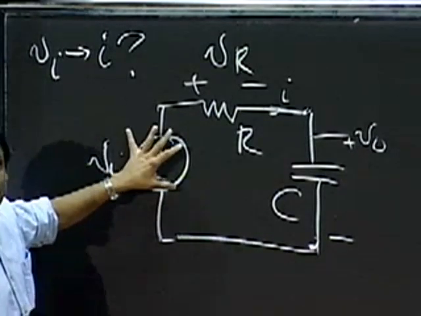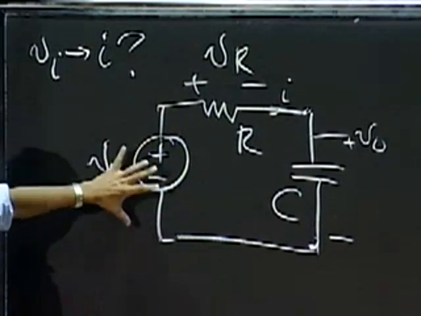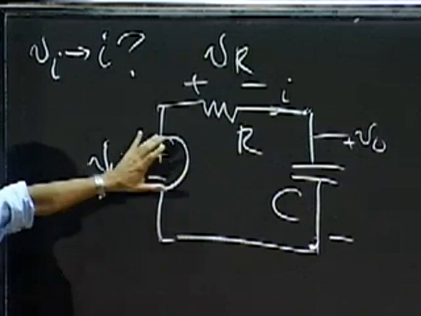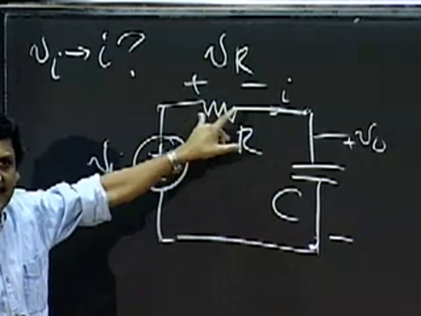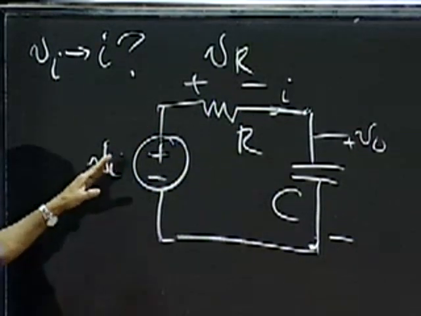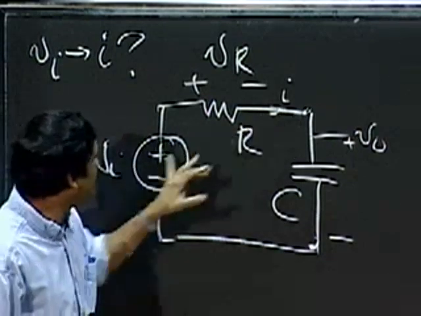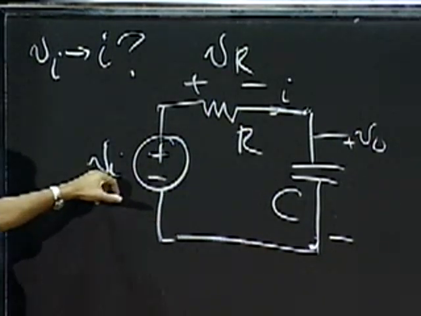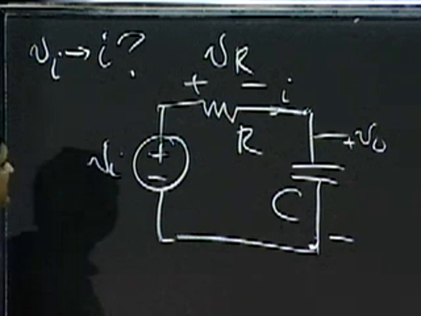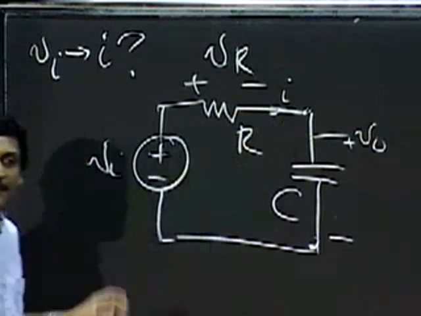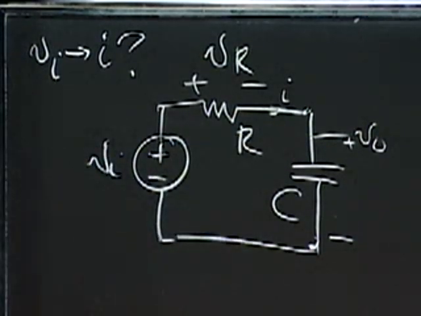And I stick a voltage here. What I'm trying to do is see if I stick a voltage and a resistance in series, then there is some relationship between the current and this voltage. Recall I'm trying to make this current be directly proportional to the voltage VI.